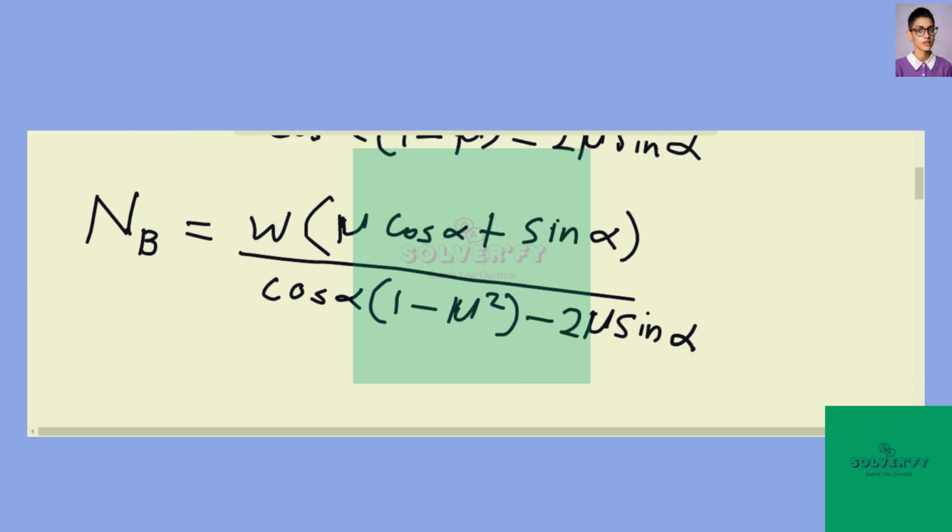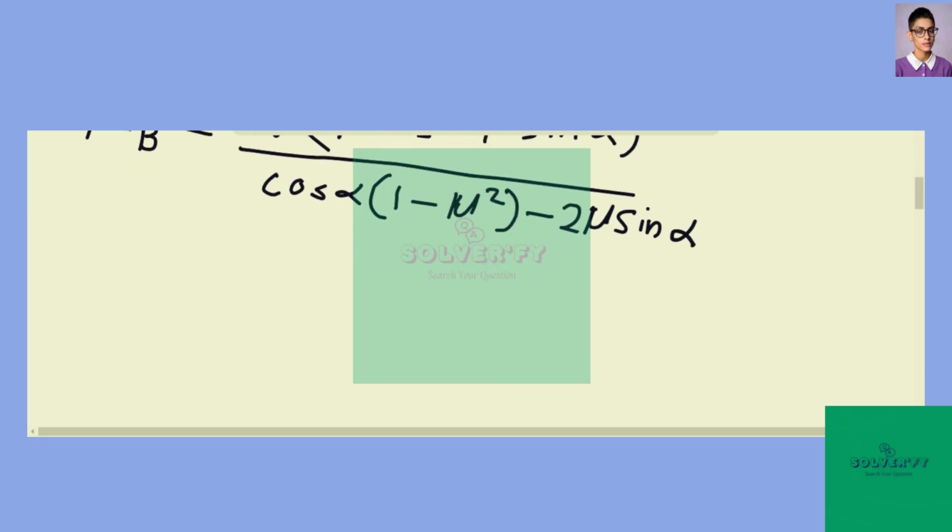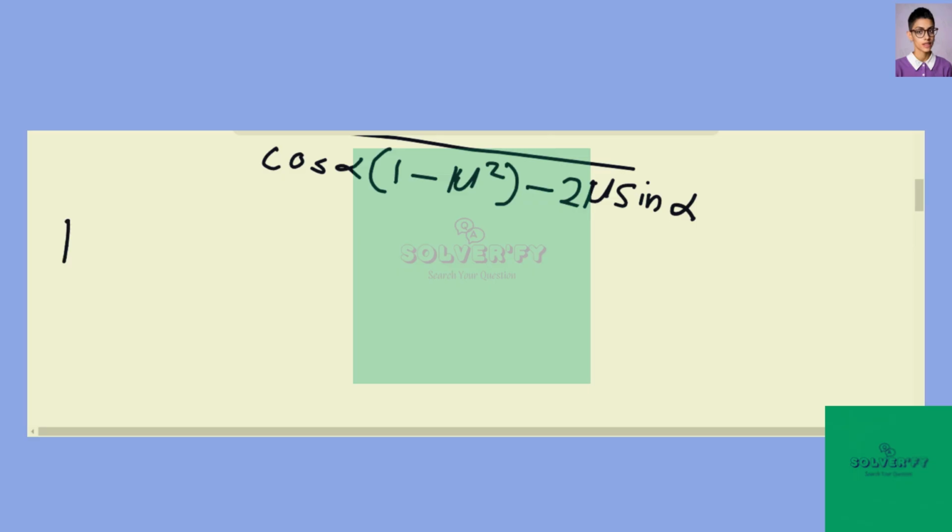So we've known NA, NB, and NC. So we can now find the force that we are talking about. So the force is P. We've already gotten the equation. Now plug in what we got for NA and the others into this equation.